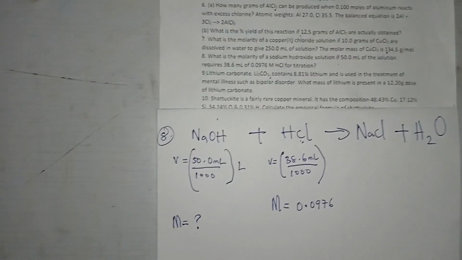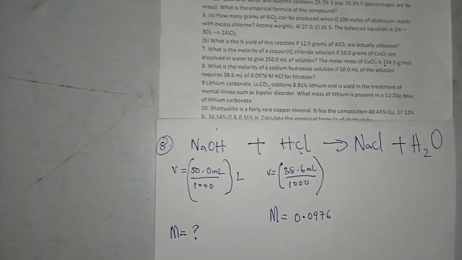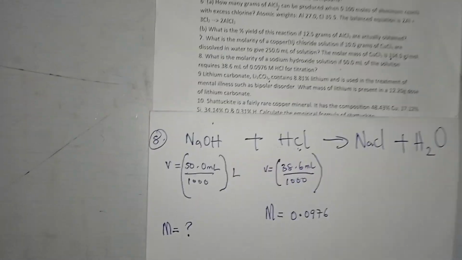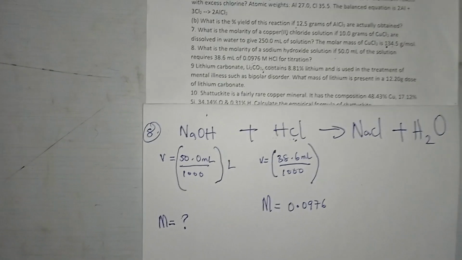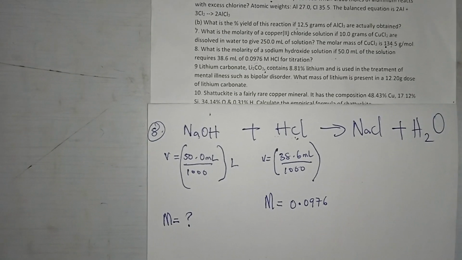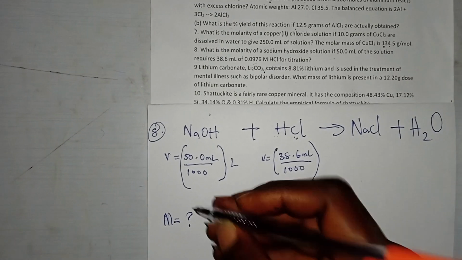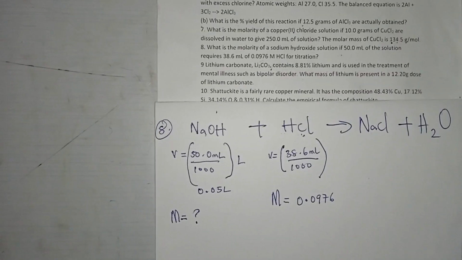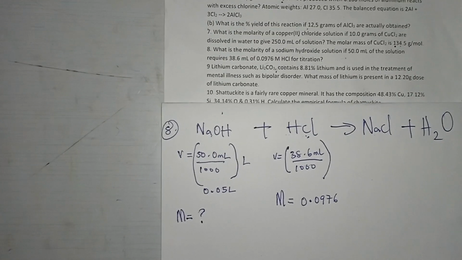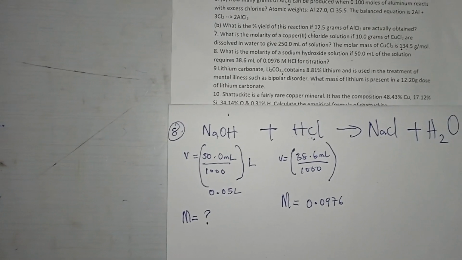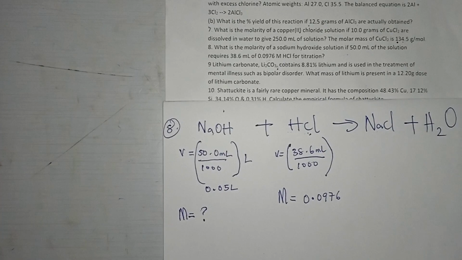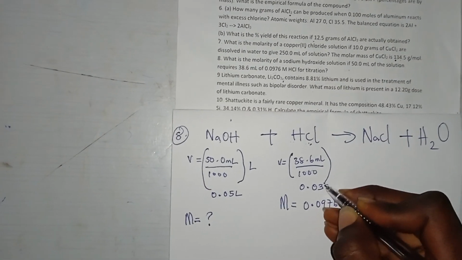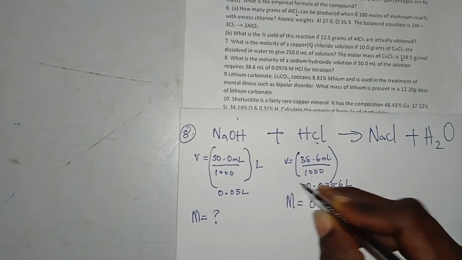For the sake of this question, we need to convert these volumes. 50 divided by 1000 will give me 0.05 liter, and 38.6 divided by 1000, I have 0.0386 liter.